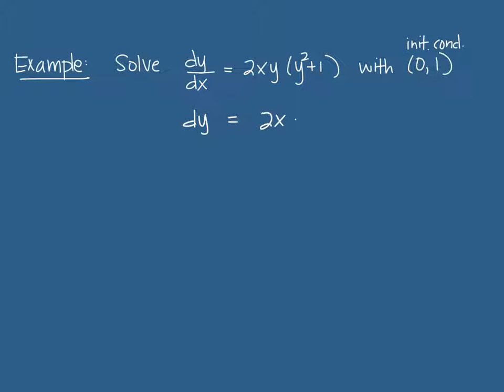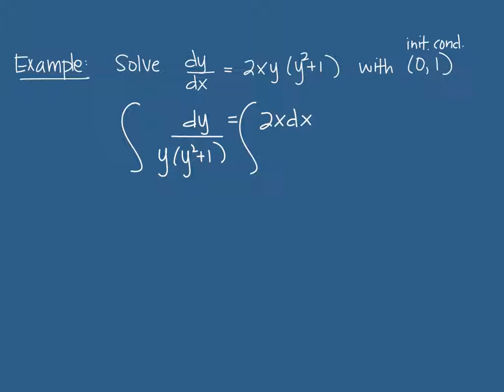So 2x dx is all that's left on one side. But on the other side, I'm going to be over y and y squared plus 1. I divided by y. I divided by y squared plus 1. That's the separate part. Now there's the integrate part.